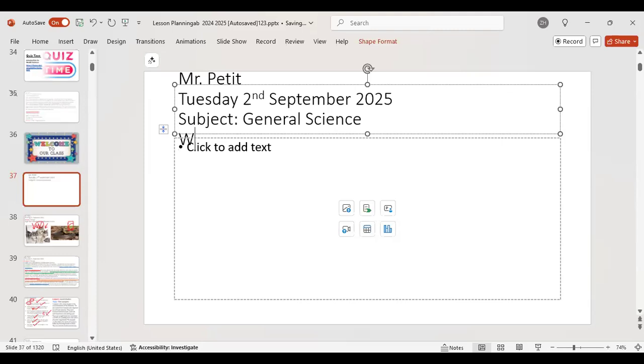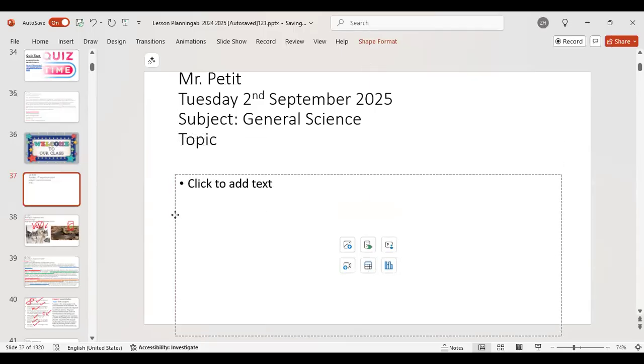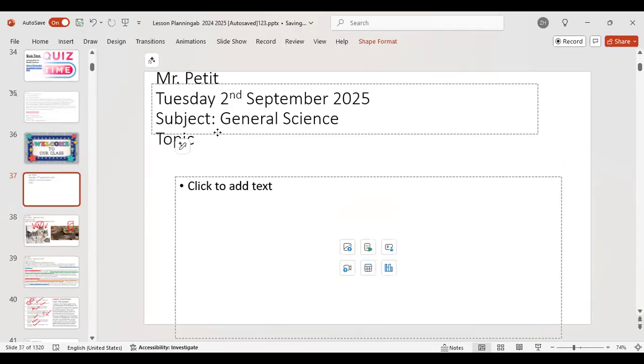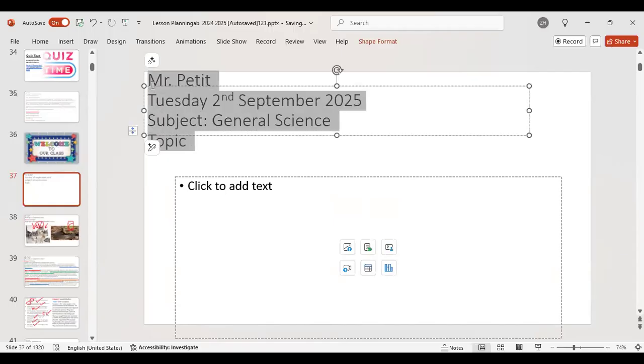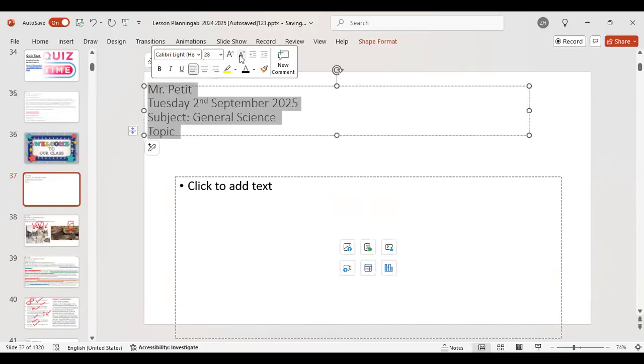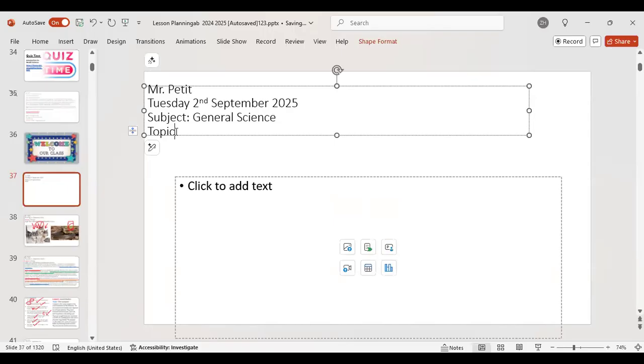And today we're going to be looking at the topic: warm-blooded versus cold-blooded.